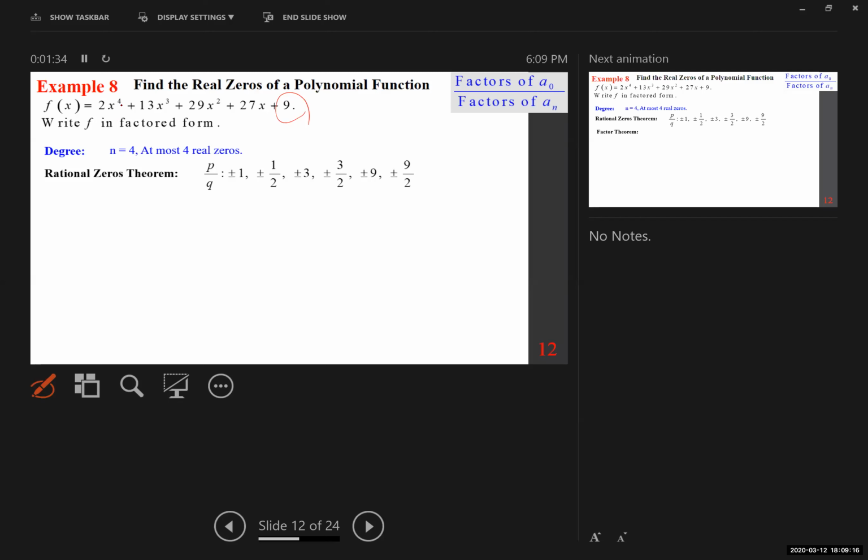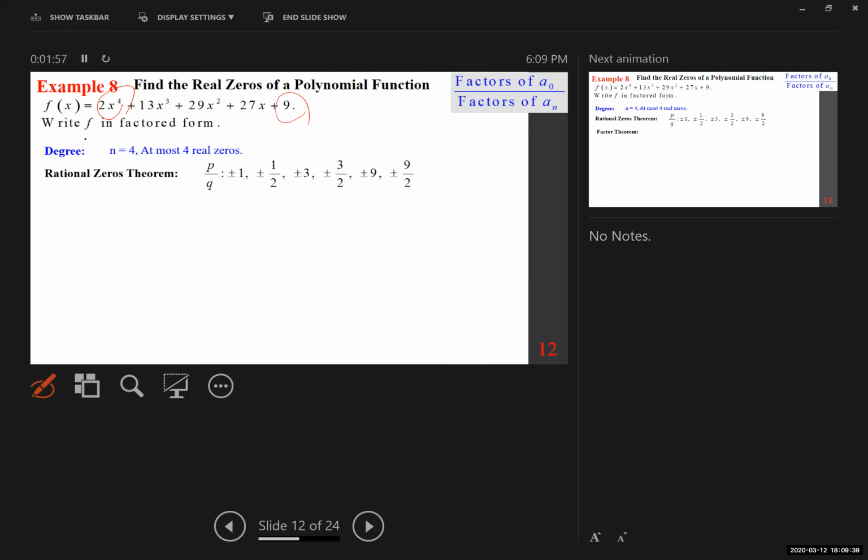And look at this one. This is called the leading term. 2x to the power of 4 is called the leading term. So a sub n, in this case, means a sub 4. Why a sub 4? Because the degree is 4. Are you with me? And that one is equal to number 2.